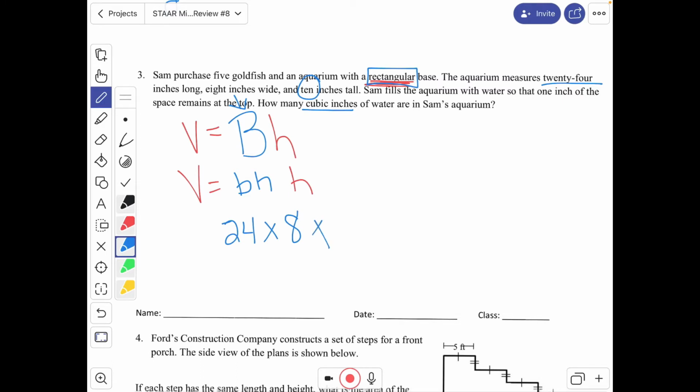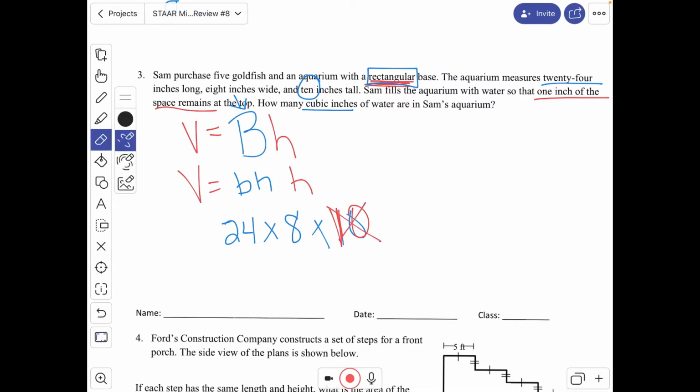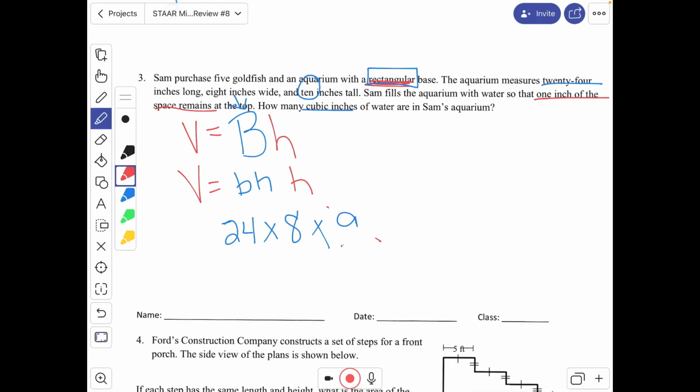Times the height, which is 10. But we do need to fix something. It said something about there's 1 inch of space remaining at the top. So we need to take away 1 inch from the top. So it's not going to be 10, it's going to be 9. He's leaving space at the top.